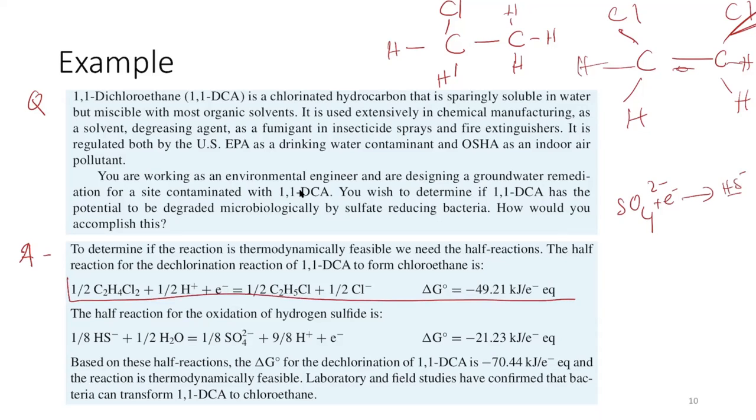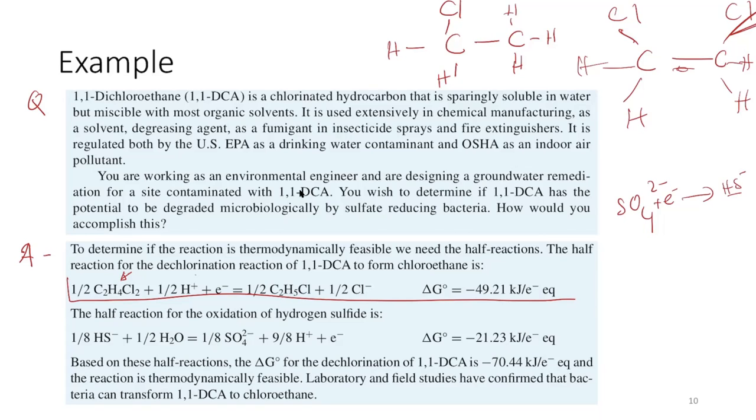Okay. If you see, that's the 1,1-DCA. That's the chemical structure: 4 hydrogens, 2 carbons, 2 chlorines. And if you balance that reaction, what it does is remove 1 chlorine by reacting with the protons, or hydrogens, and it receives 1 electron. So what does that mean?